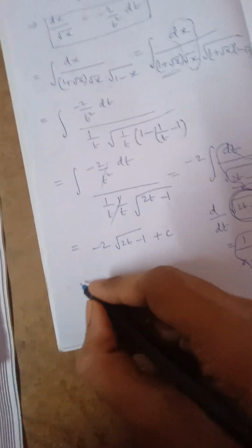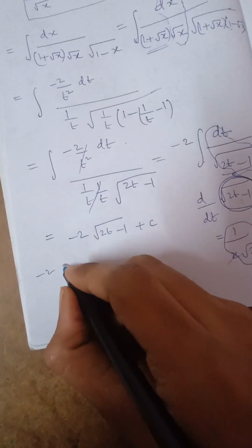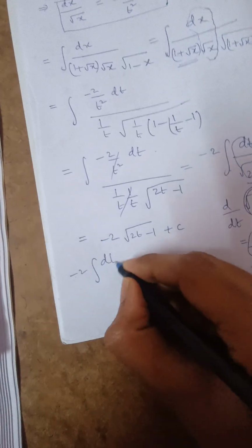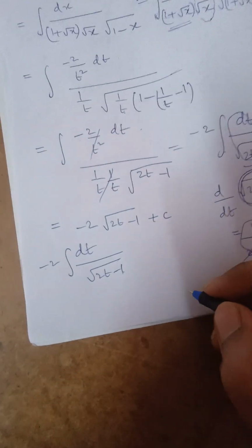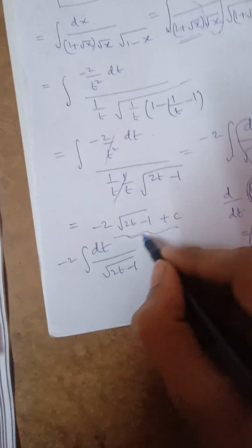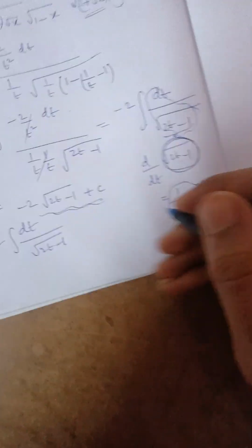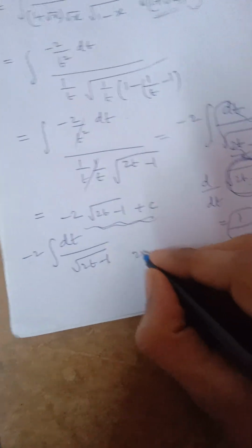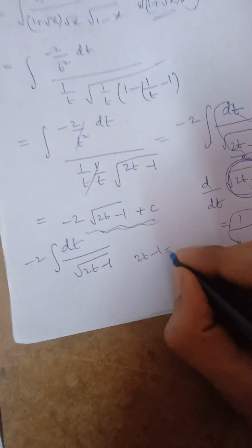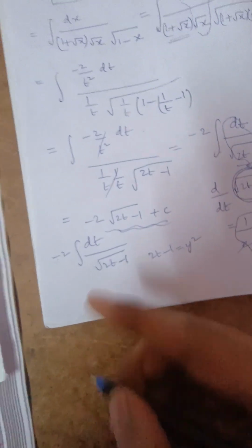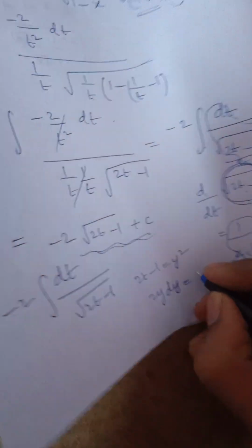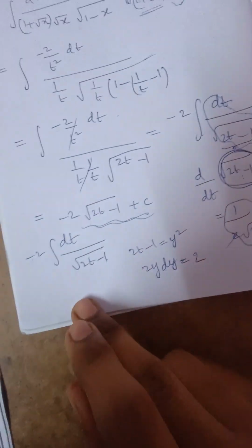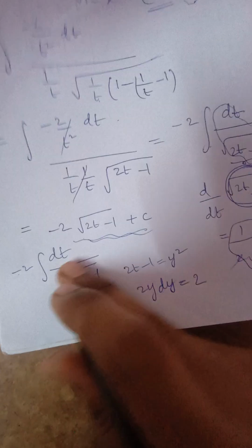Otherwise there is another method for the integral dt by root over (2t minus 1). So another way we can approach this directly. We can take 2t minus 1 as, say, some y square. So we get 2y dy is nothing but 2 times dt.